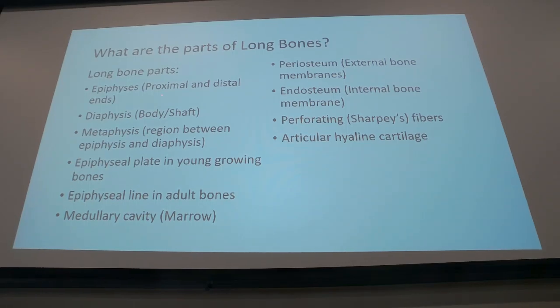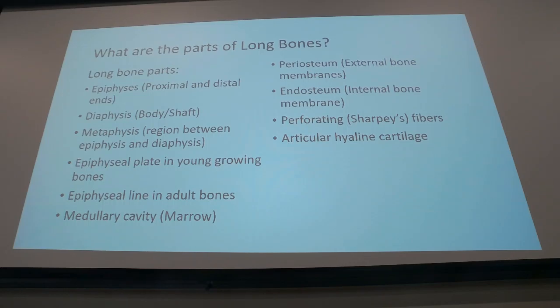Internally, surrounding the marrow, no matter if it's yellow or red marrow, you have another membrane that is also cellular. It has cells. This is the endosteum. Endo means inside. And in this endosteum, similarly as in the inner periosteum, you have cells.